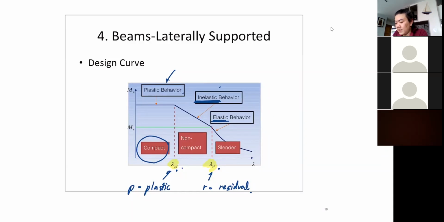When the slenderness ratio is greater than lambda p, but still doesn't exceed lambda r, you have the inelastic behavior, and your element is called non-compact. And of course, when the slenderness ratio exceeds lambda r, it now becomes a slender element.